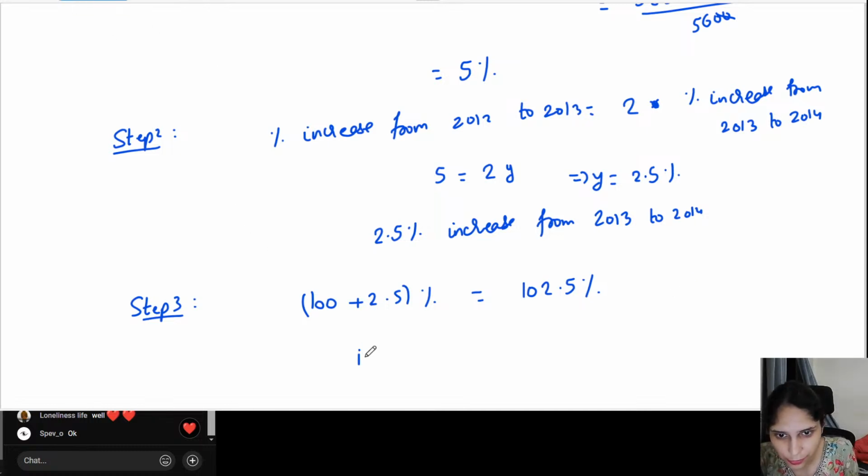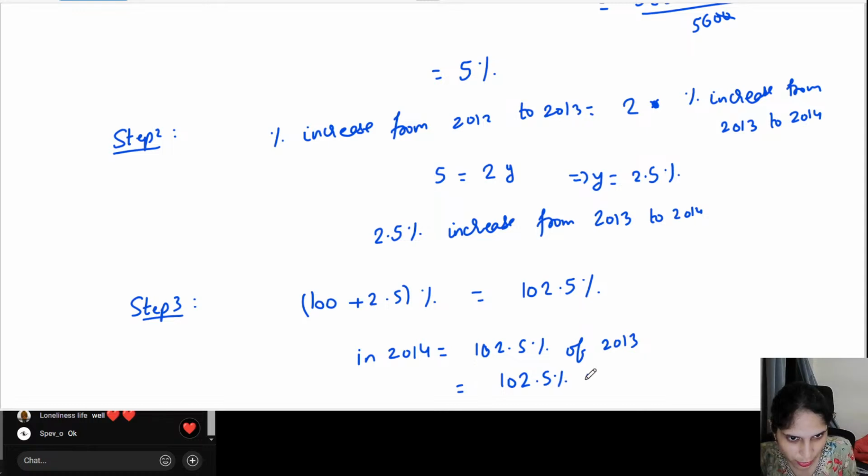So basically in 2014, it is going to be 102.5% of 2013. 102.5% of 5880. Don't write 2013 2014 because they are the years.